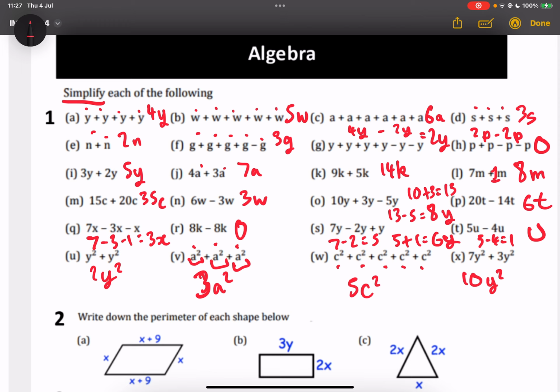I'm just slightly baffled by that one. So that should be 3y over 2, which simplifies to 3 over 2y, which is 1.5y. But really, I would just leave that as 3 over 2y.